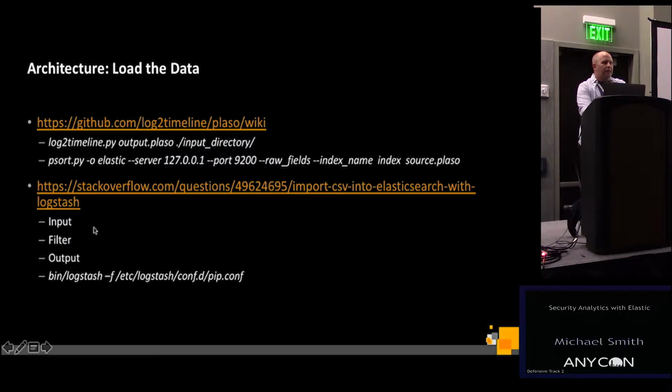And what they're basically telling you is, listen, you have 3 sections. You have input, filter, and output. You configure those sections correctly, then you run logstash, -f means with this file as my conf file, and then give it the path to the conf file. Does that all make sense?